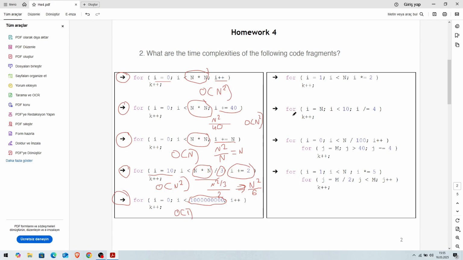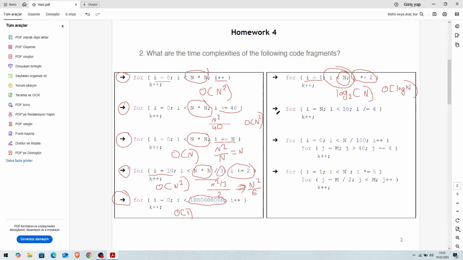When we look at the right side, each iteration multiplies e by 2, starting at 1 and going up to n. You can do this about log base 2 of n times before e exceeds n. So our time complexity is O(log n).